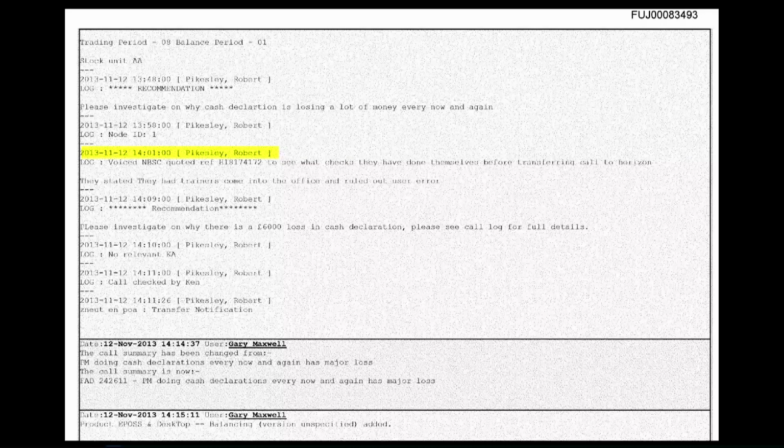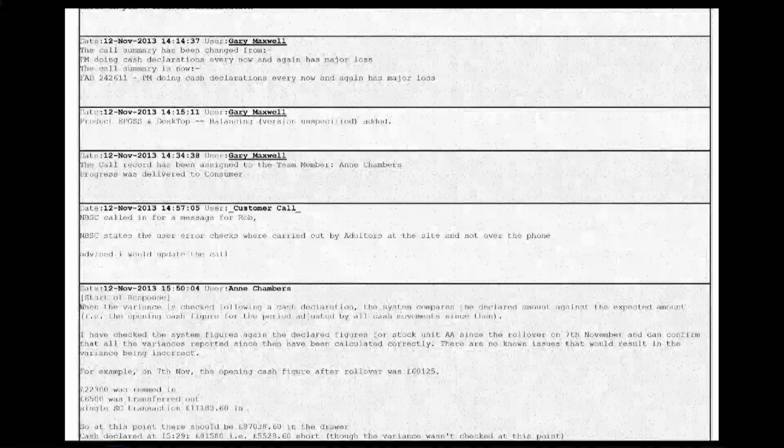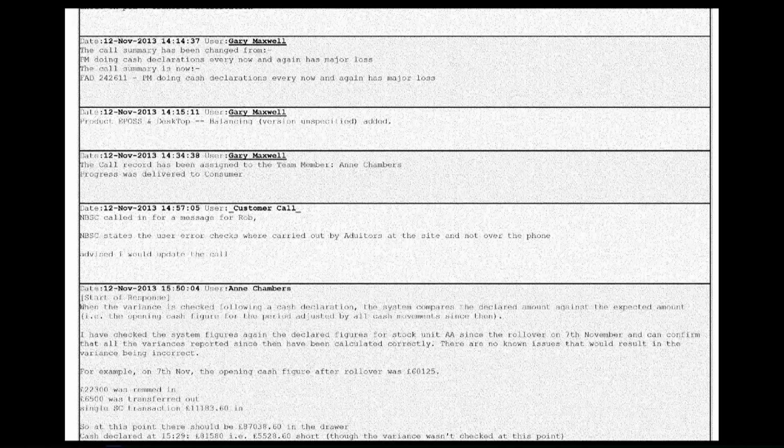They stated they had trainers come into the office and ruled out user error." Just ask you to remember that line, please. And then on the same page at 1457 at 05. So that's, yes, in the middle of the page now.